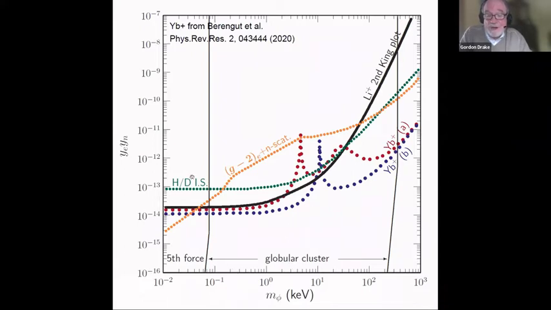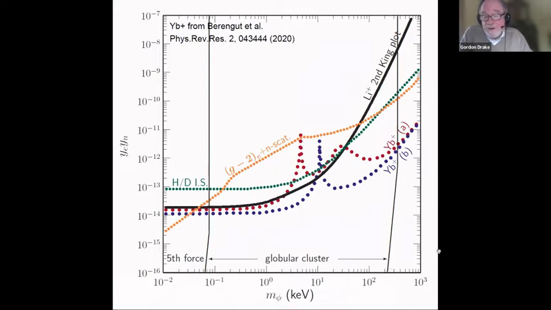And in comparison with other methods, the dotted ones are the ytterbium plus exclusion plots from the Berengut paper. Hydrogen to deuterium isotope shift is shown here, and G-2.